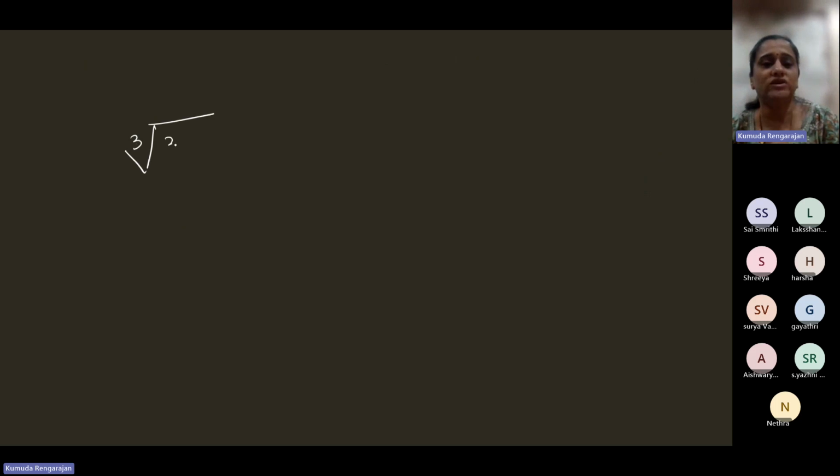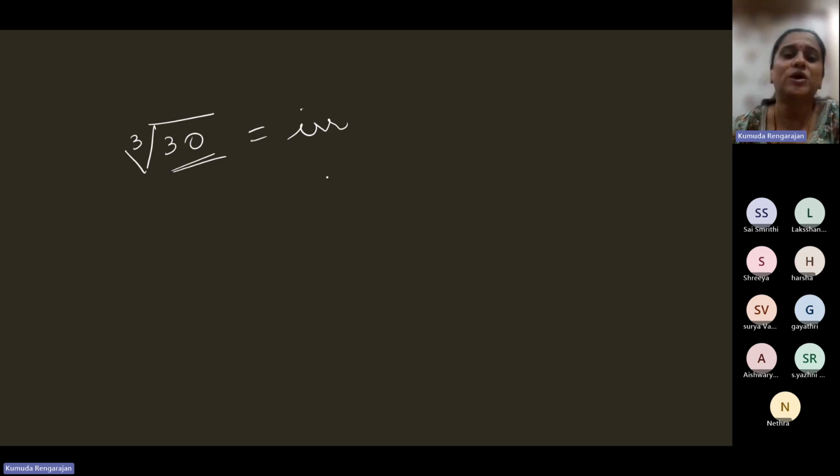Now say cube root of 30. 30 is not a perfect cube. So the cube root of 30 is an irrational number, because its decimal value is non-terminating, non-repeating. Cube root of 30 is 3 point something.